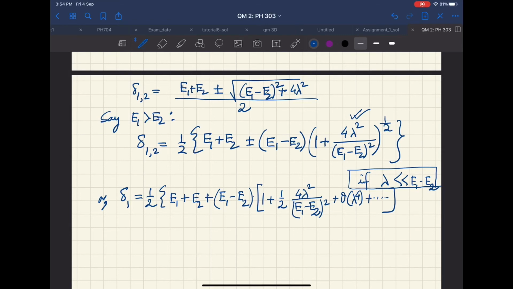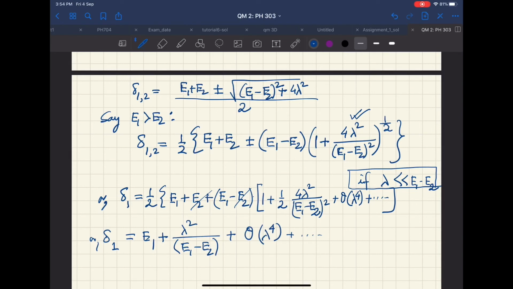So this e2 gets cancelled, and we get the correction to energy as e1 plus lambda square divided by e1 minus e2, plus correction terms of the order of lambda to the power 4, then terms like lambda to the power 6, and going like that.